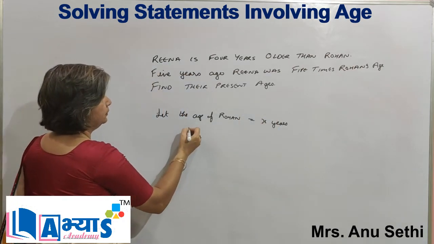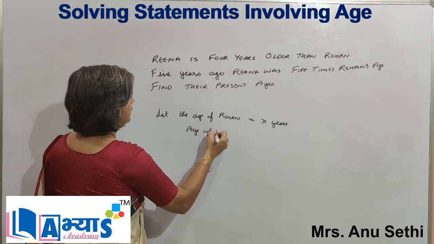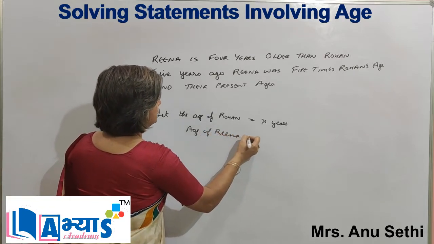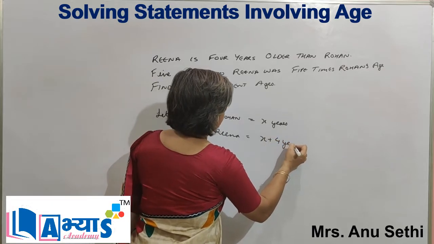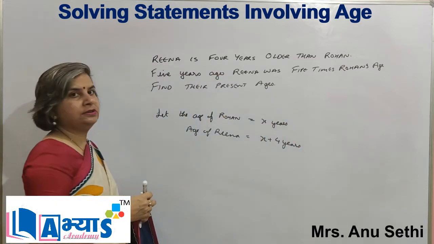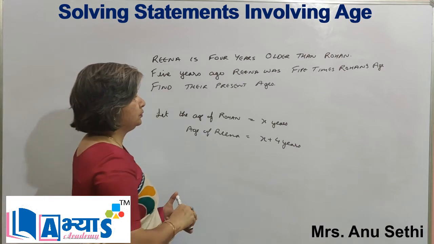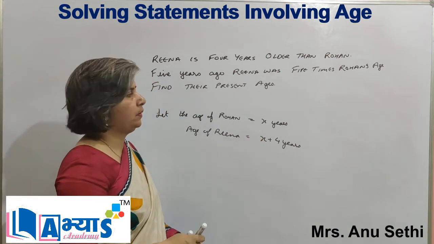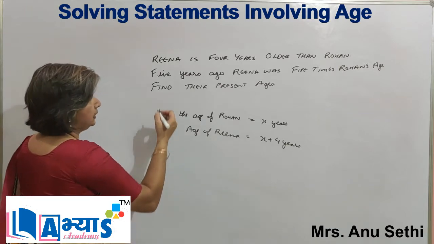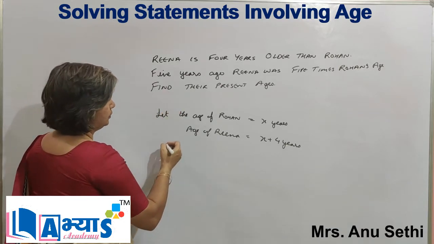Then age of Reena is equal to x plus 4 years. Because it is given that Reena is 4 years older than Rohan, so if the age of Rohan is x years, Reena will be x plus 4 years. Then it is given that 5 years ago.